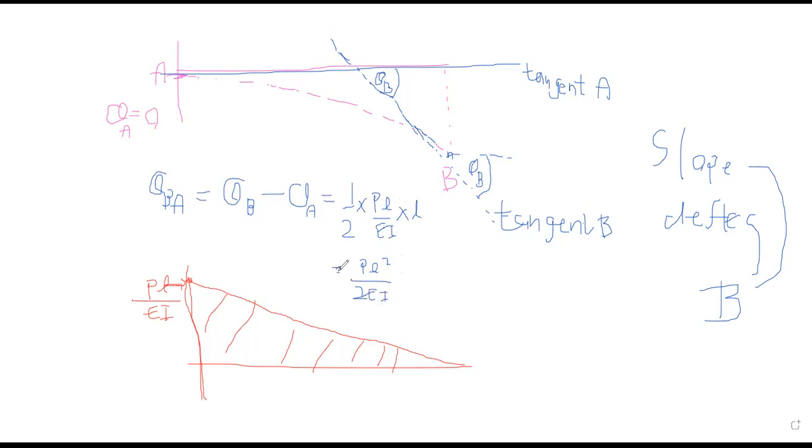So it's positive, right? Positive area. So that means theta is clockwise. If it is negative, that means theta is anti-clockwise, right?